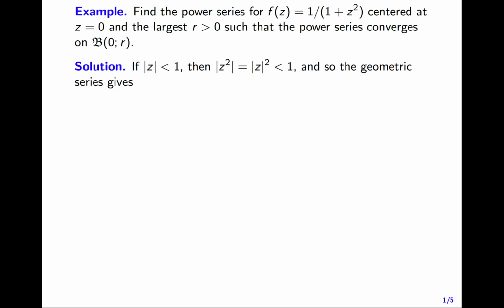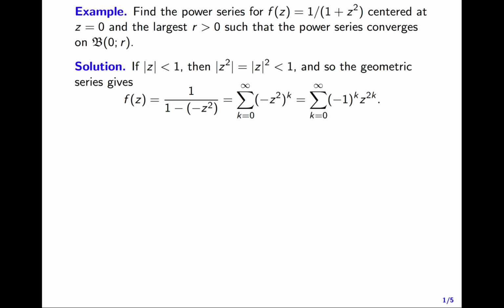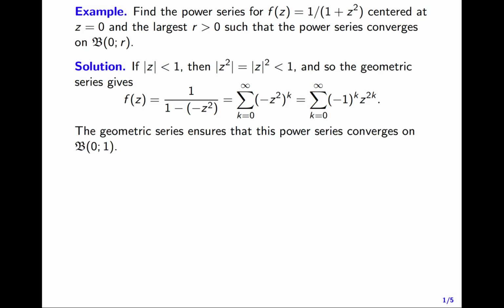And so the geometric series tells us the following. f of z, which we can rewrite as 1 divided by 1 minus negative z squared, is going to be the sum from k equals 0 to infinity of negative z squared raised to the power k, and that, of course, is the sum from k equals 0 to infinity of minus 1 to the k times z to the 2k. So we have a power series representation for f when the modulus of z is less than 1. That is, we know the power series converges on the open ball centered at 0 of radius 1.